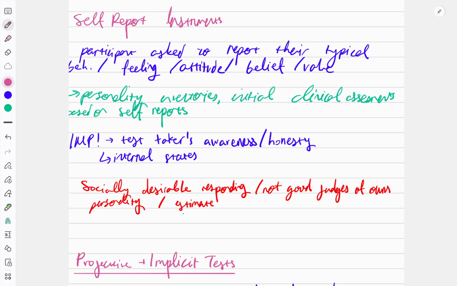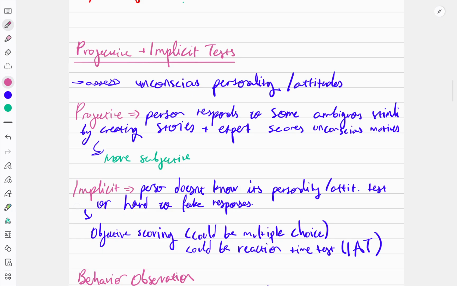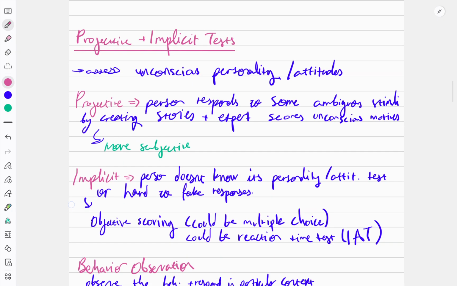The reason behind that is that we are not good judges of our own personality. We can't really estimate certain things. So there are certain risks involved in self-report instruments, of course. And then we have projective and implicit tests, and they are done to assess unconscious personality and attitudes.